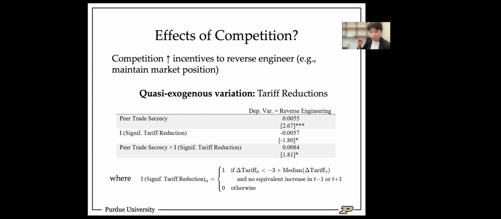Specifically, we identify significant tariff reductions where in an industry there's a huge decrease in tariffs that is not followed later on by corresponding increases. And we show that this finding between trade secrecy and reverse engineering is much more pronounced when there's a higher level of product market competition, suggesting that this is where the incentive really kicks in.